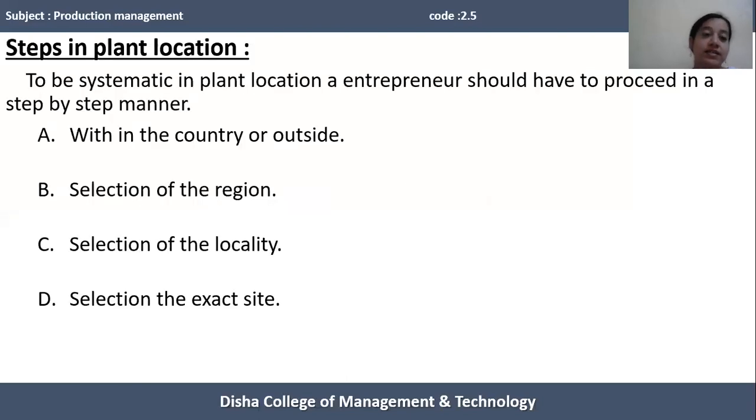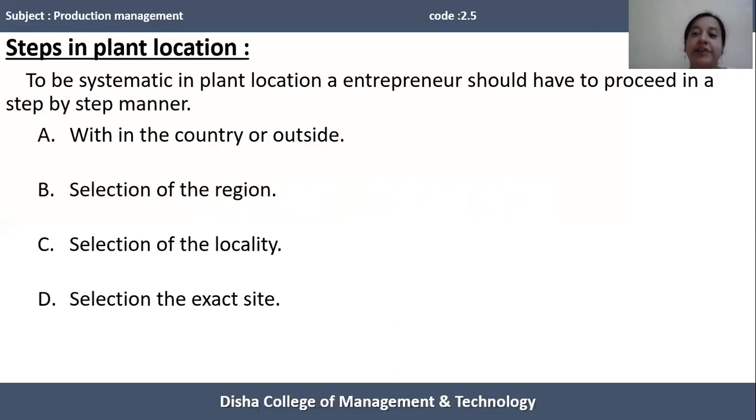So today I will discuss another topic of plant location, that is, steps involved in location selection. What will we discuss in this topic? We will discuss what steps and procedures the entrepreneur should adopt for selecting a location for their plant.